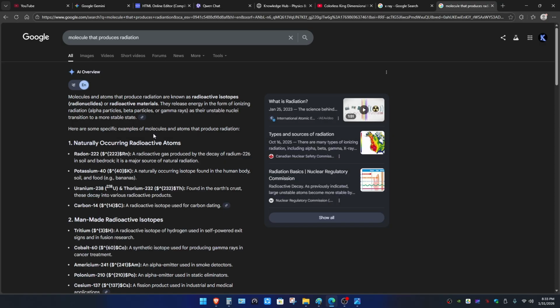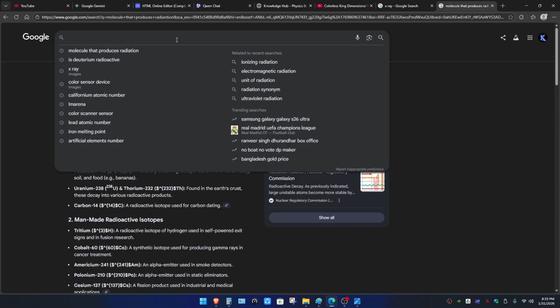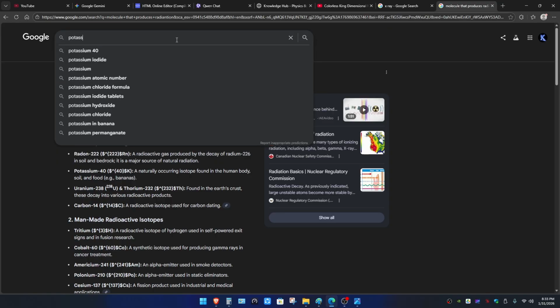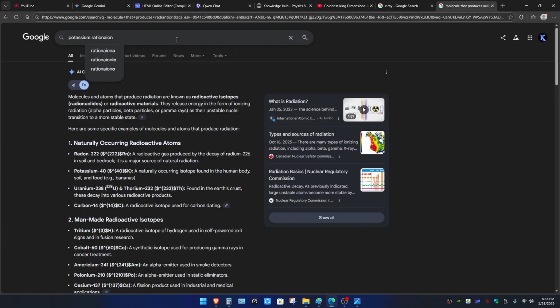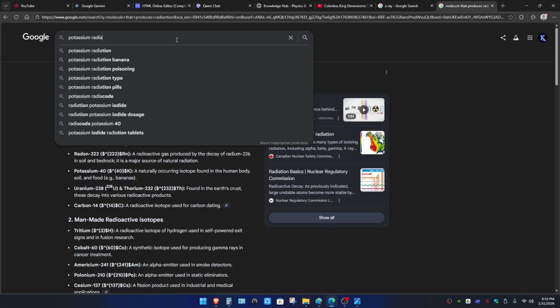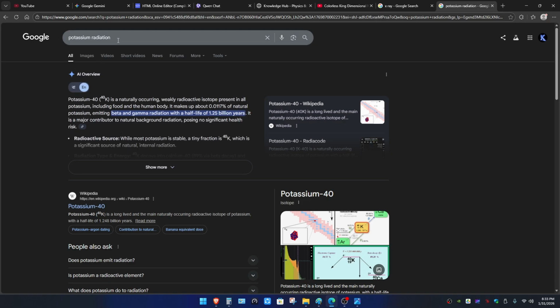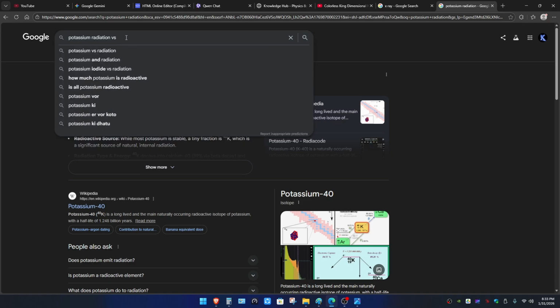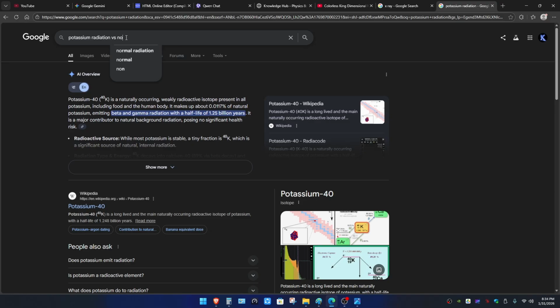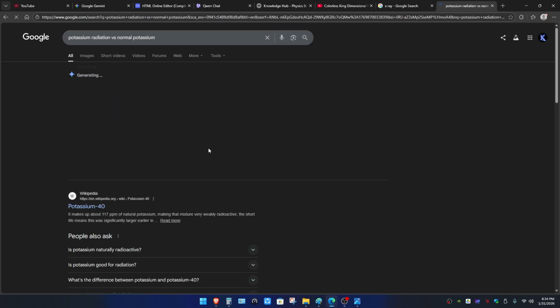Let's say I talk about potassium radiation. When we talk about potassium radiation, we need to understand potassium radiation versus normal potassium. Okay, so here's the thing.